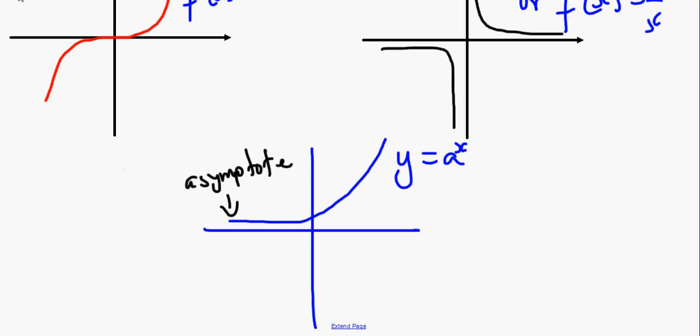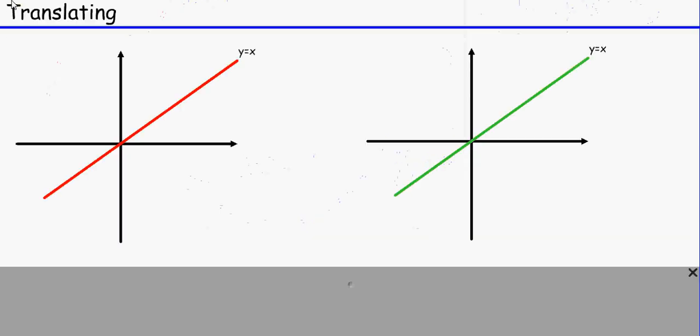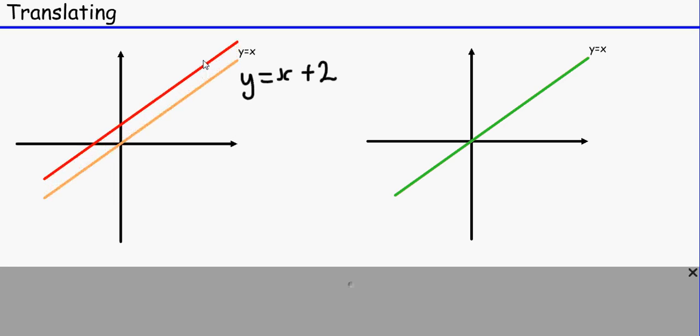Let's get cracking to the next bit. If we wanted to translate graphs either up or down, left or right, there are special ways in which to write it. So if we do it the GCSE way and we write y equals x plus 2, we would find out that the graph would actually move 2 units upwards.